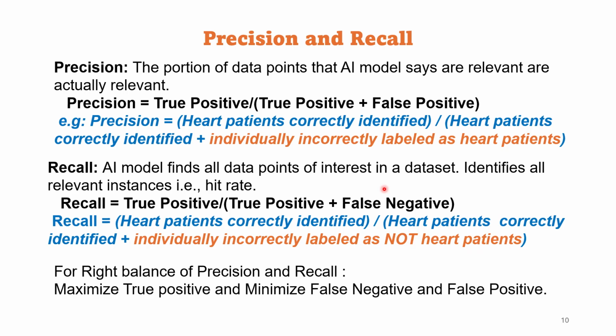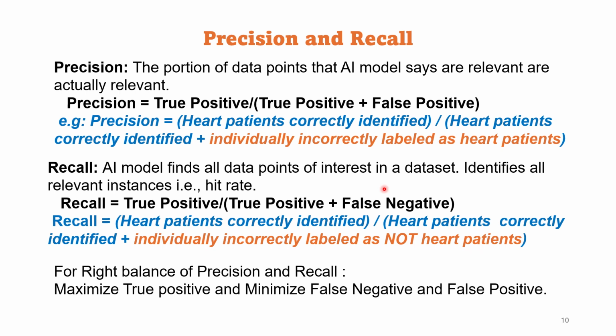Low precision occurs when very few of your positive predictions are true. Low recall occurs when most of the positive values are never predicted. Precision expresses the proportion of the data points our model says were relevant that were actually relevant. Recall can be thought of as a model's ability to find all the data points of interest in the dataset.